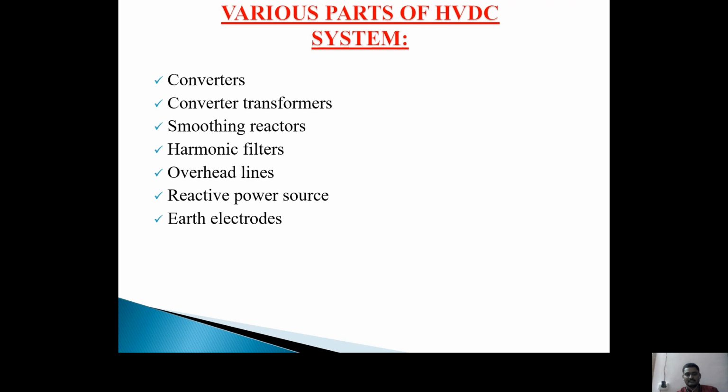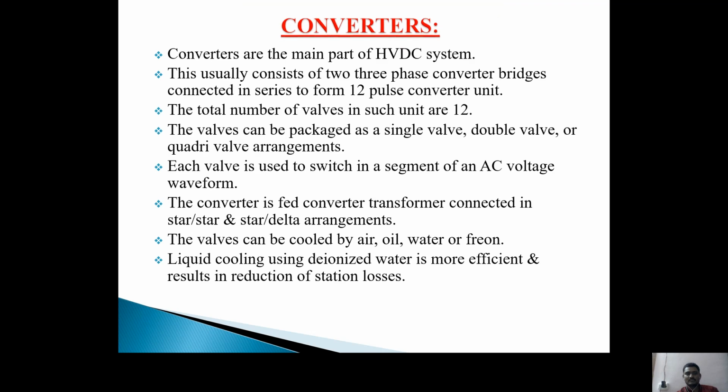The converters are the main part of HVDC system. You already know this one. This usually consists of two three-phase converter bridges connected in series to form a 12 pulse converter bridge or converter unit, that is, two 6 pulse converters.